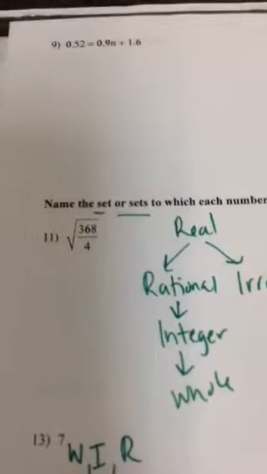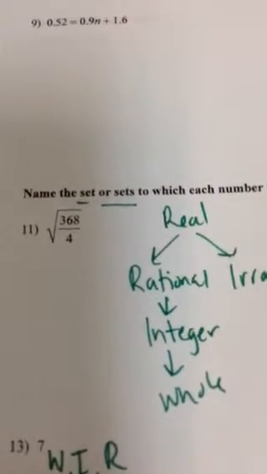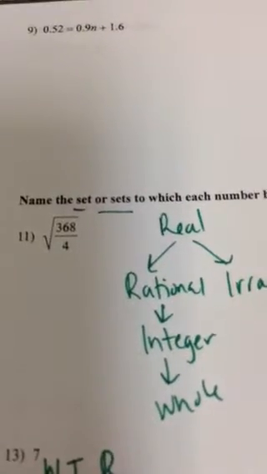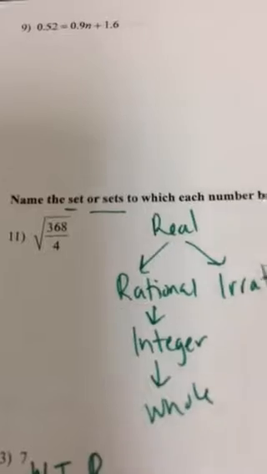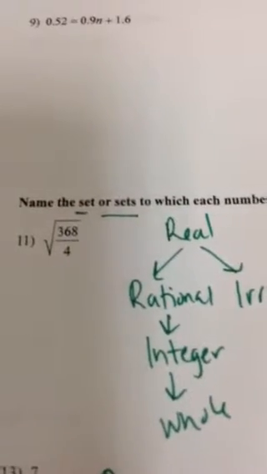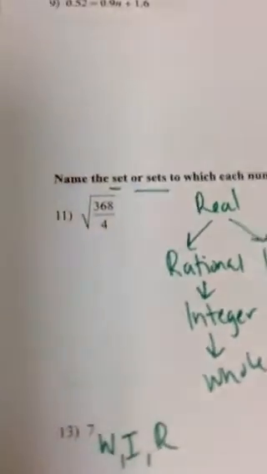So we have to find the square root of the numerator and the denominator. The square root of 368 is a crazy, crazy, crazy decimal. So if I have a crazy decimal, I know that this is going to be irrational.